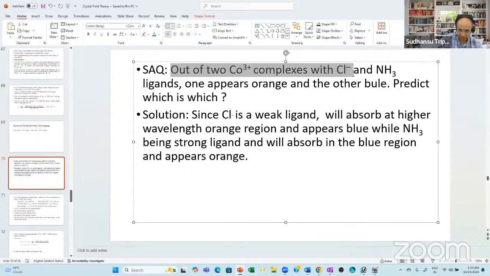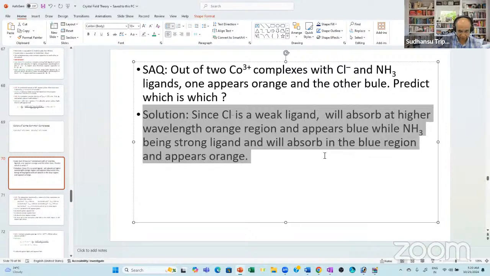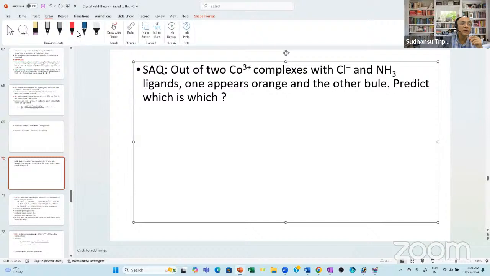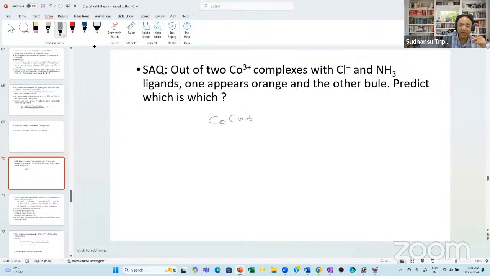Out of cobalt 3 plus complexes with chloride ion and ammonia ligands, one appears orange and one appears blue. Predict which is which. Supposing you have hexaamine cobalt 3 plus and CoCl6 3 minus.